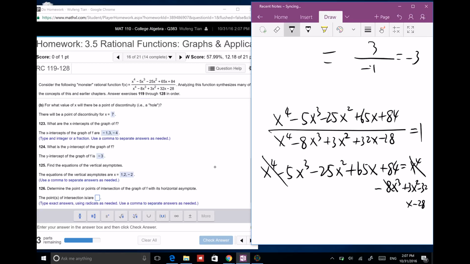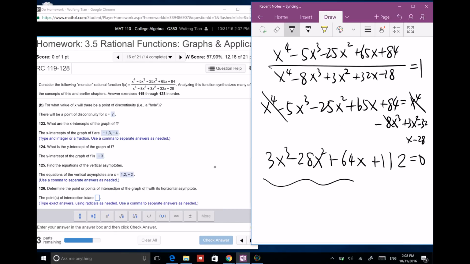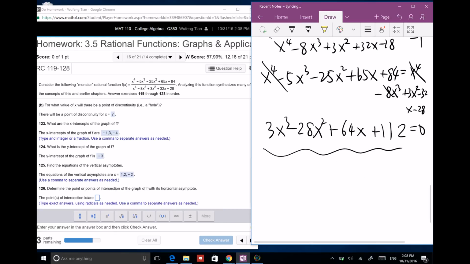Shift to the other side is 3x cubed, minus 28x squared, plus 64x, plus 112 equals 0. So then you solve this equation.